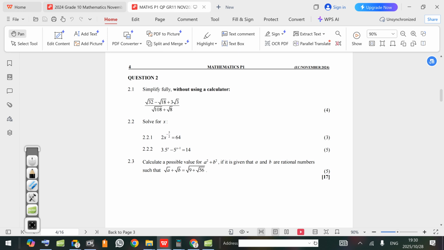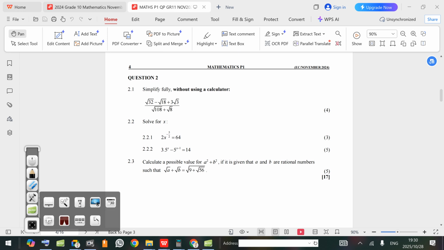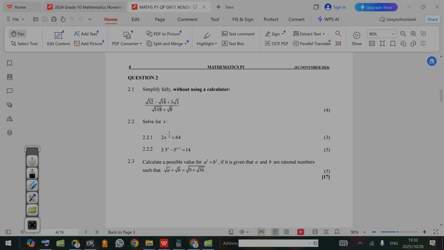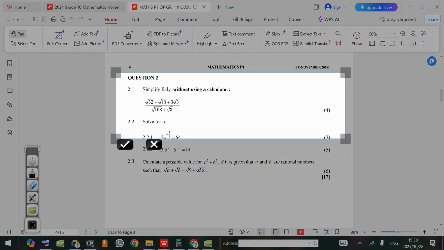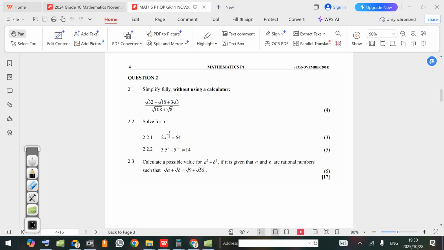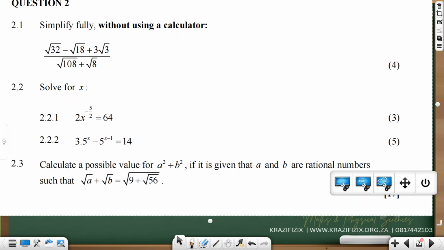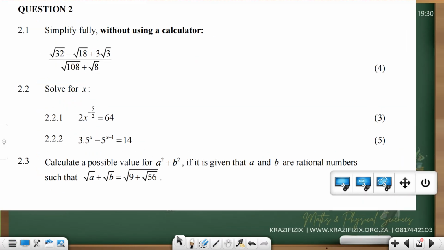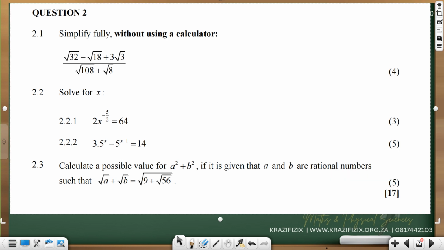Ooh, look at this one. Guys, please, may I ask you to take a picture? I want you to try all of this. They are quite nice. 17 marks. We can answer this in our next session, but I really want to do one of the functions tonight. Somebody take a picture, send this through. Did you do all of this?